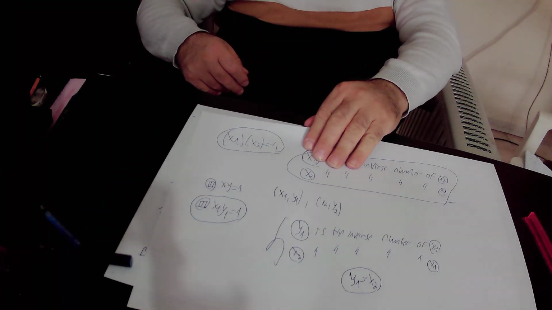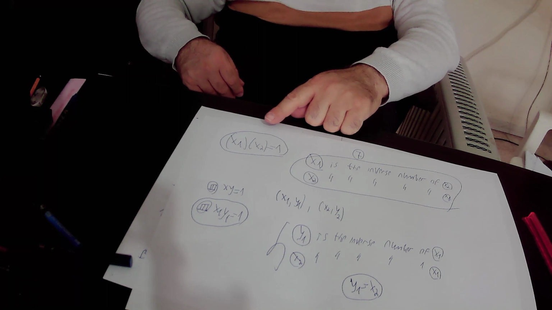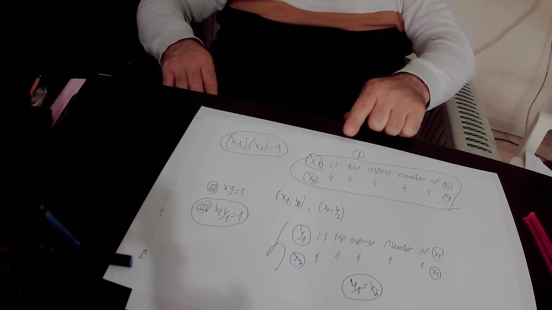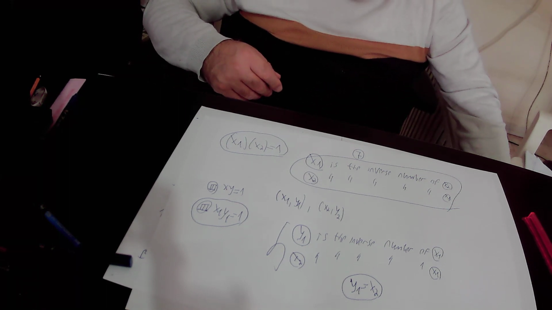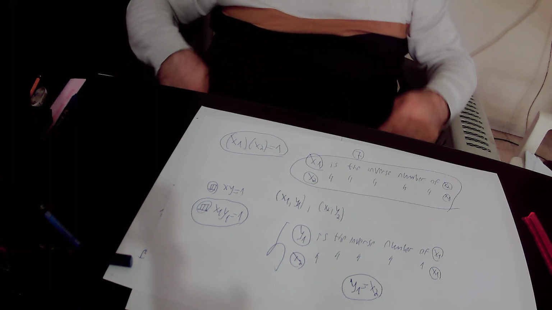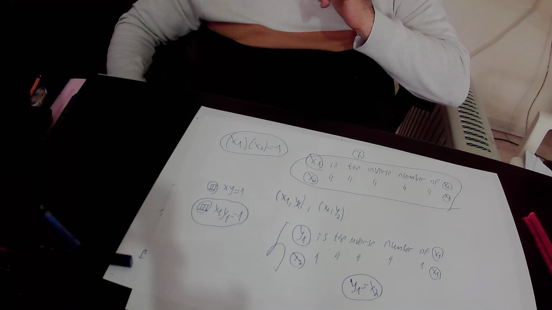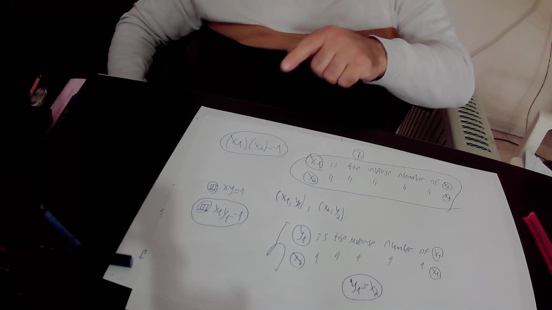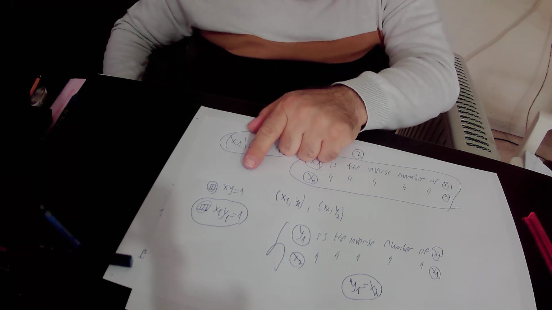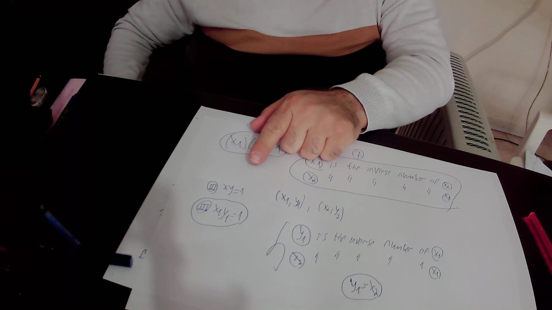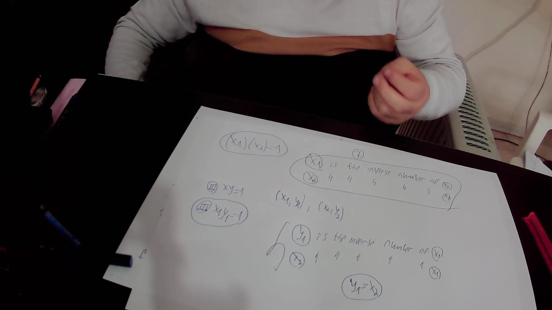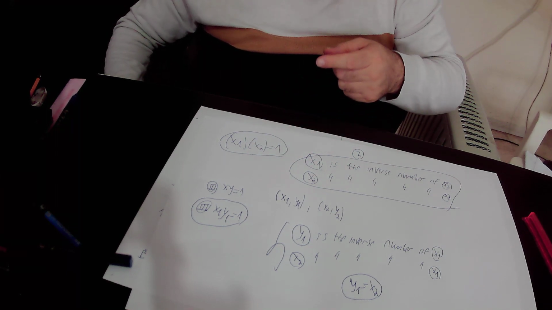Okay, so x1 times x2 equals 1. What is the meaning of that? It means that x1 is the inverse number of x2 and x2 is the inverse number of x1. But according to equation number 3, we have already found out that x times y equals 1. And here we have two solutions to the question.